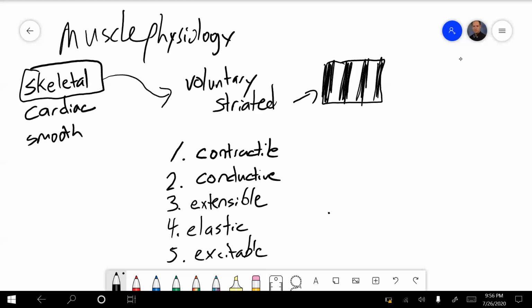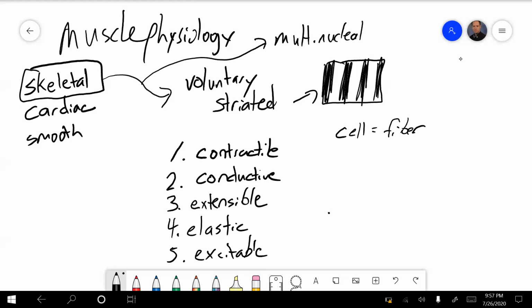Now there are some terms that we'll use as we discuss muscle that don't apply to other tissues. First of all, the muscle cell is called a fiber. Now, skeletal muscle fibers are very long cells. Skeletal muscle fibers, and again, we're just referring to skeletal muscle here, are multinucleate, meaning they have more than one nucleus.